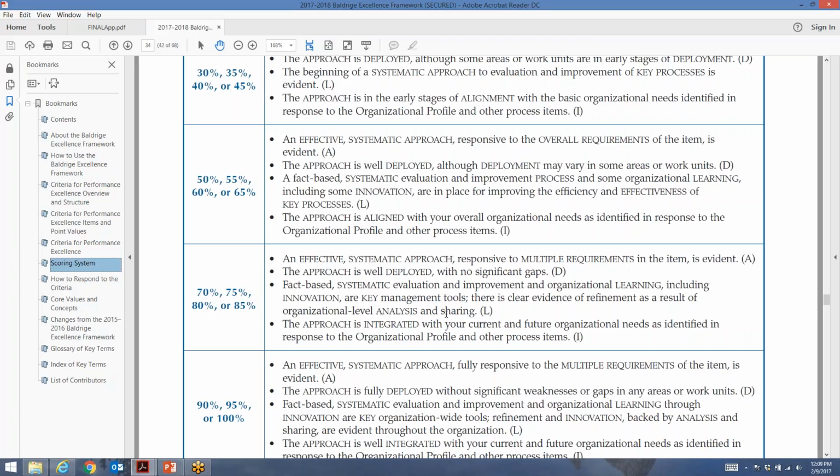So that's clearly coming out in my response, and the approach is integrated with my current needs and my future needs. And so somewhere in there, I probably told the examiner team what's happening in the industry and where my organization's headed. And so those approaches need to be integrated with those needs.